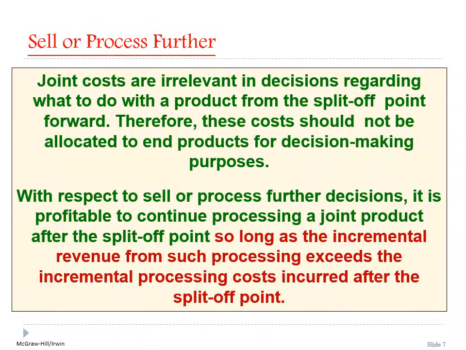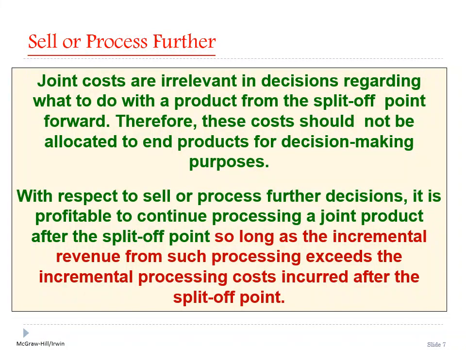This slide clarifies how can we make this decision whether to sell or process further the joint products. It says here joint costs are irrelevant in decisions regarding what to do with a product from the split of point forward.